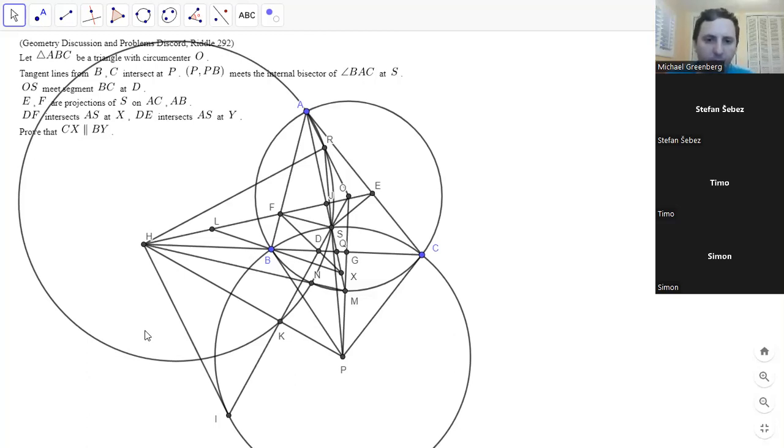So yeah, we want to show CX is parallel to EF. I don't know if we could try to show angle XCH is EHC or something like that.